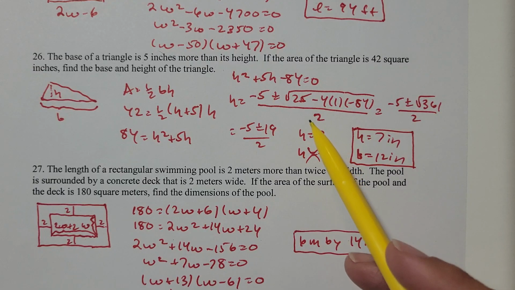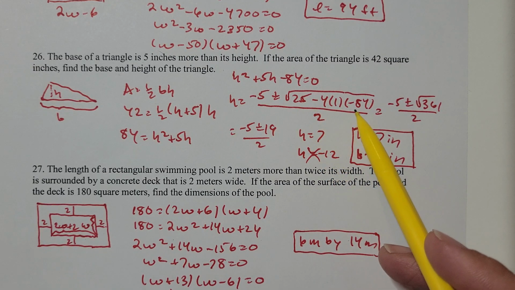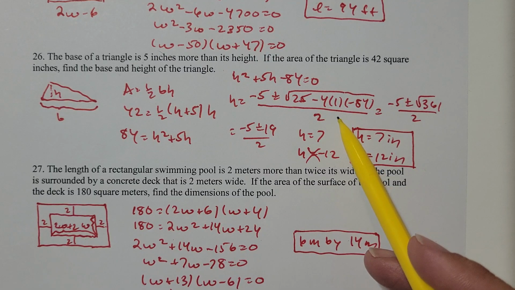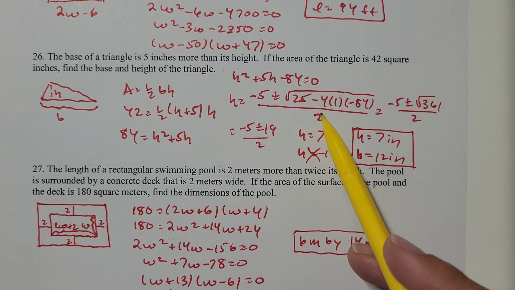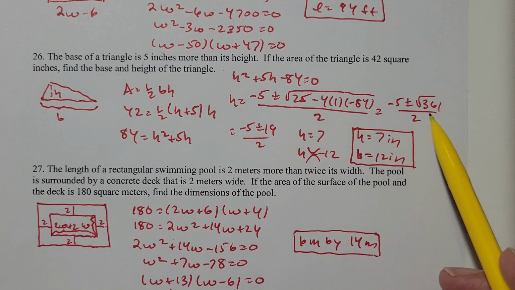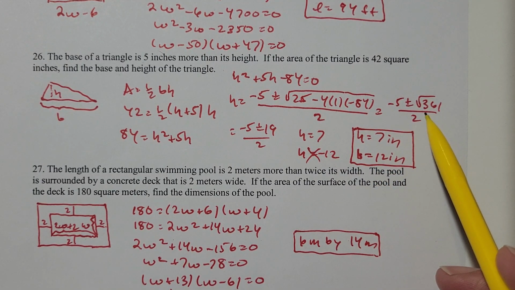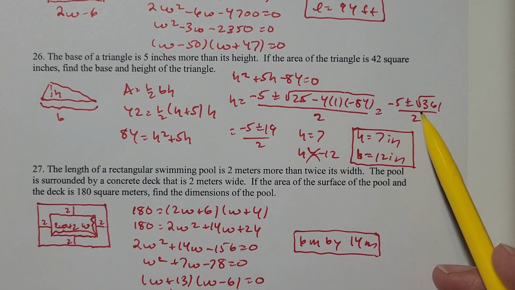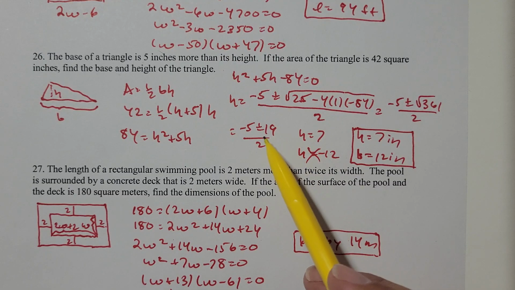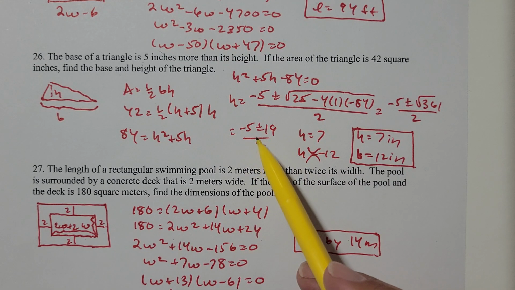I got 25 minus a negative, which means I'm adding something to 25. 25 plus 4 times 84 would be 361. The square root of 361 is 19. So I got -5 plus 19 all over 2 and then -5 minus 19 all over 2.